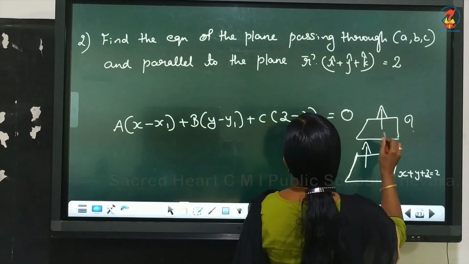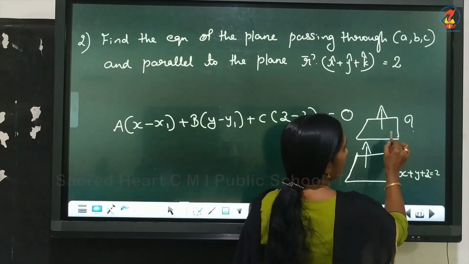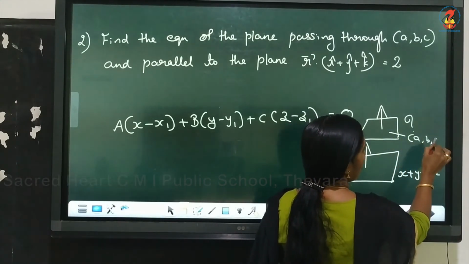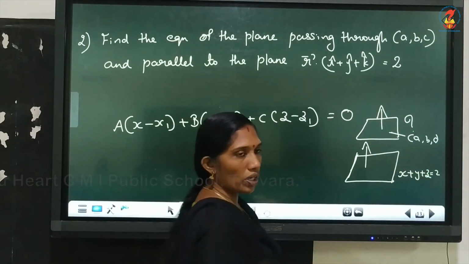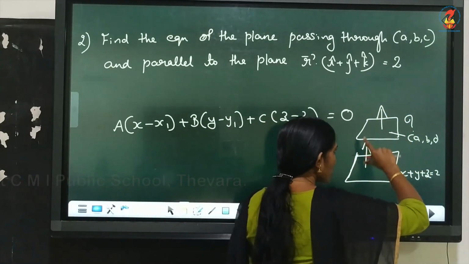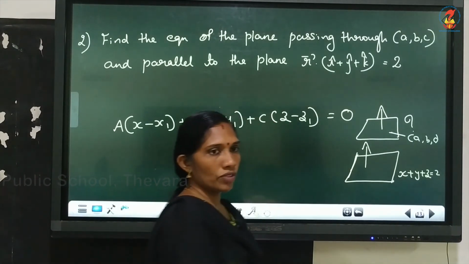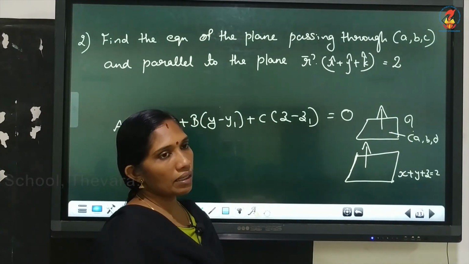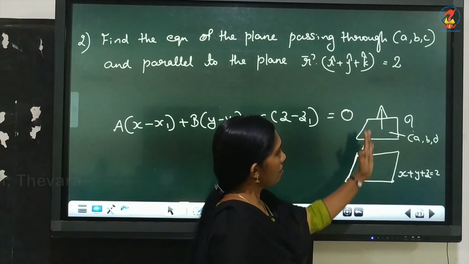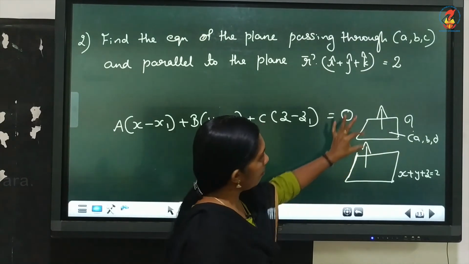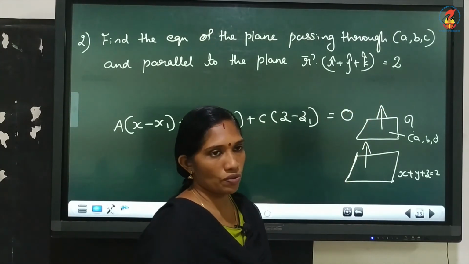Passing through which point? a, b, c. Passing through a, b, c. And this perpendicular vector is not given. But is this vector perpendicular to that? Okay. Two planes are parallel means their normals also are parallel. The first one's normal, we can take for the second one also.